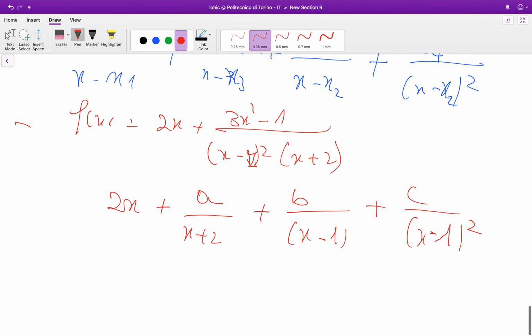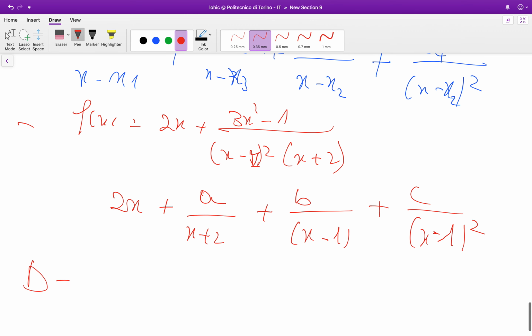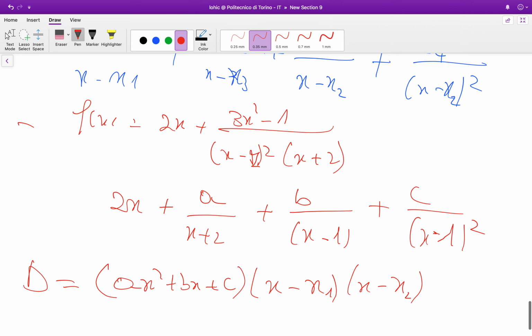The third and last case that you can see for the denominator may be like ax squared plus bx plus c, multiplied then by (x - x1)(x - x2).